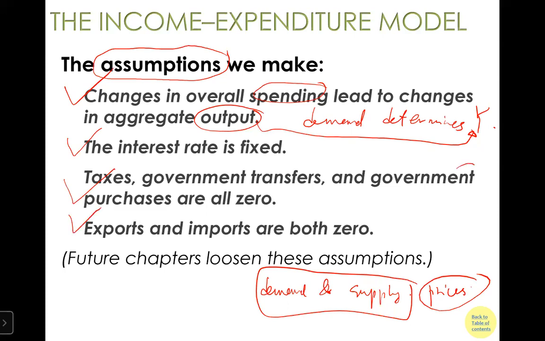So these two assumptions say the spending will be equal to C plus I. Combined with the first assumption, that determines Y. Or in other words, Y equals C(Y) plus I(Y).